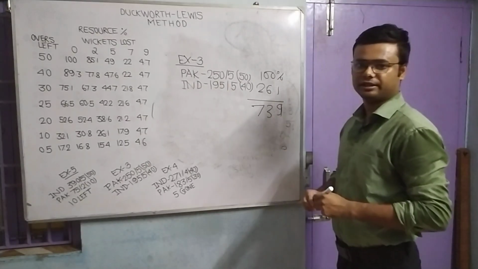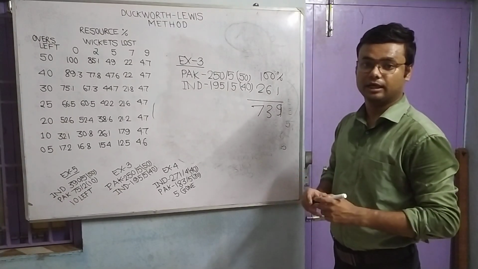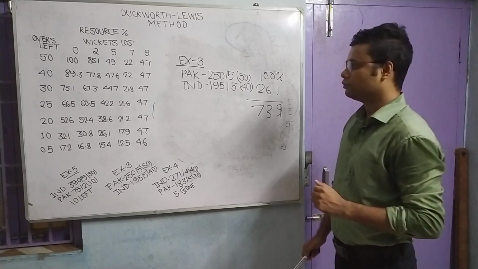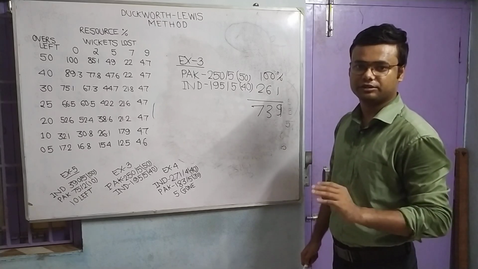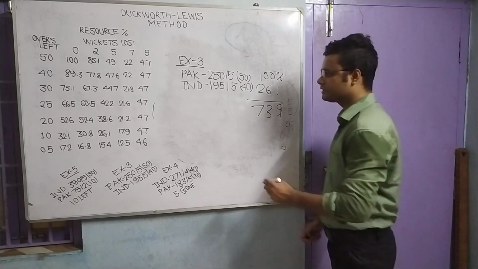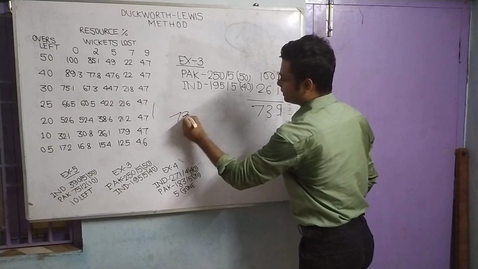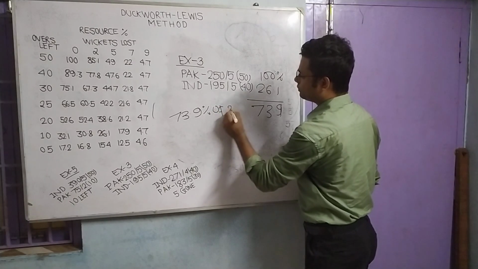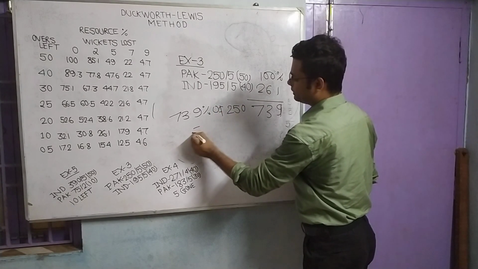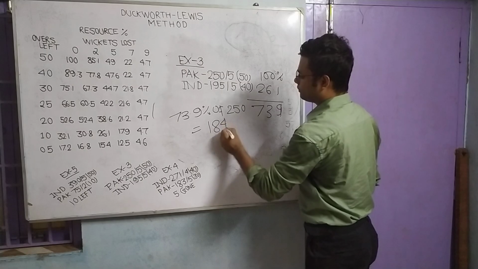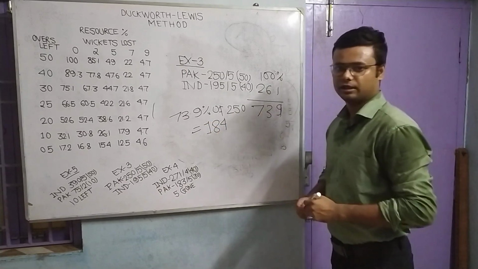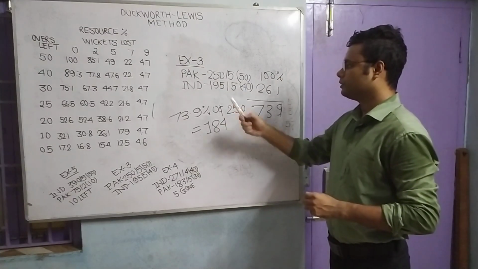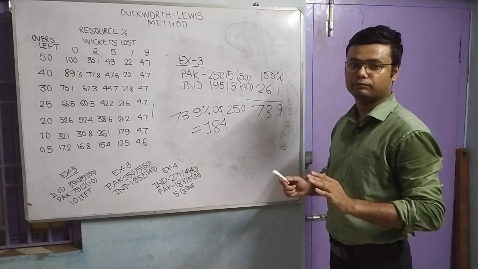India used 73.9% resources. So India have to chase a total which is equivalent to 73.9% of Pakistan's total. That is 73.9% of 250, that is 184. That was their DL target. Now you can see that India were already at 195 for 5.